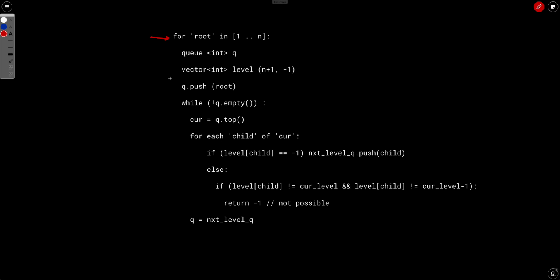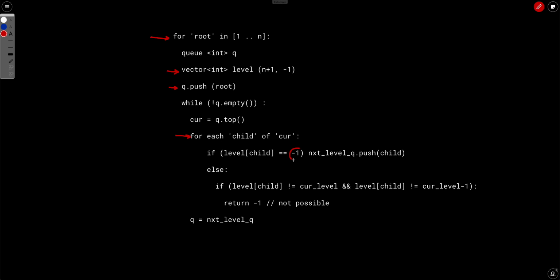We are maintaining the levels as well, because we just saw that we need to take care of levels, right? Initially we put the root in our queue. While the queue is not empty, we pop out the current top from the queue, and for each child of the current, we will see whether the level of the child is -1.